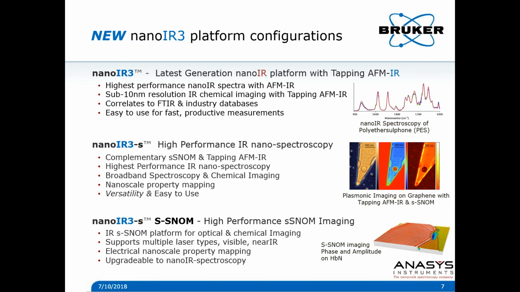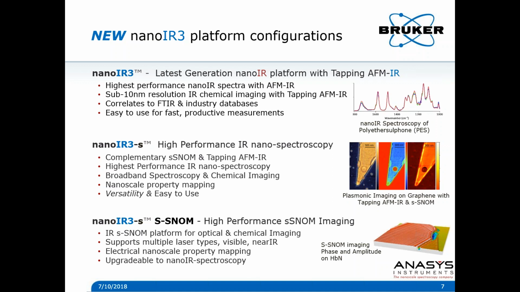Then the other options are a 3S for scattering SNOM imaging only. It allows you to do imaging in the visible, near IR, and other spectral ranges. And then the 3S is basically a system that has scattering SNOM and AFM-IR combined on the same platform.